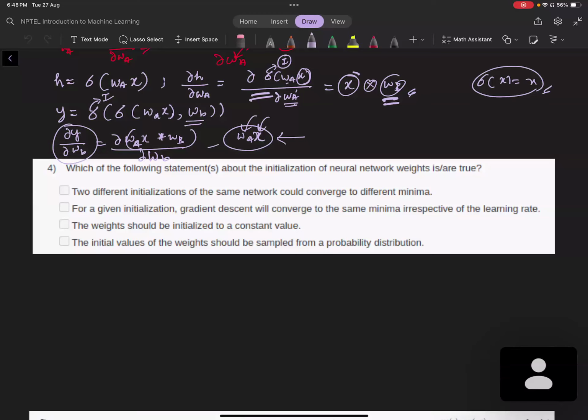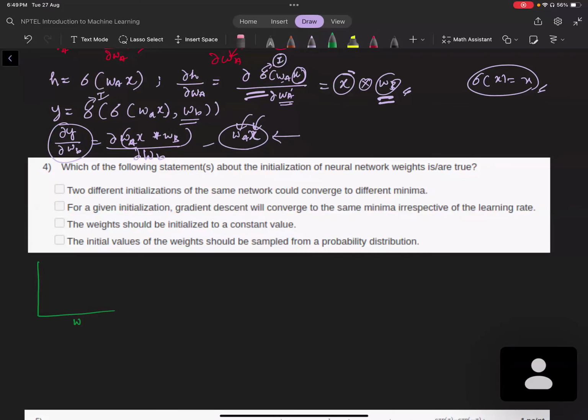So this statement is true. Let me show you how. Let's say there is a neural network with just one weight W, and let's say this is the loss.